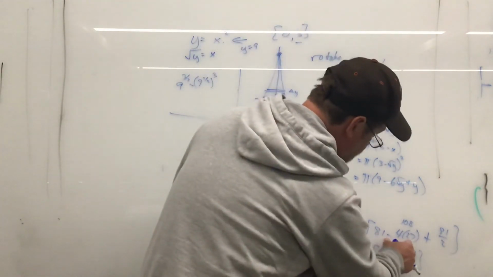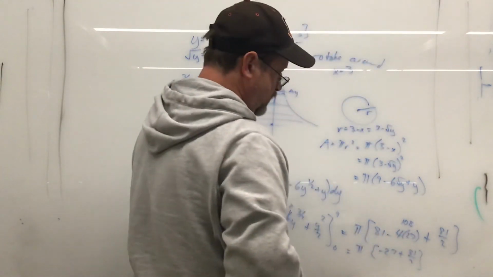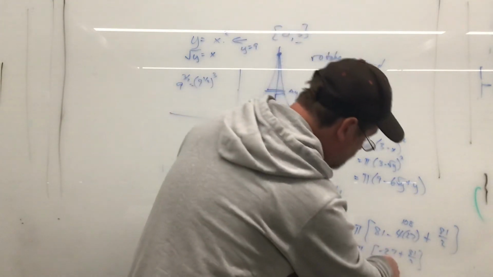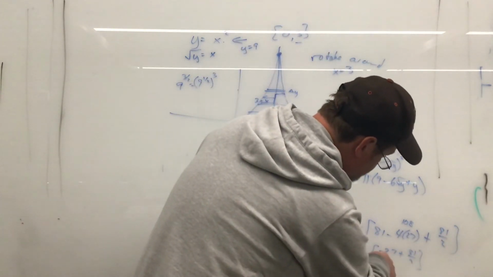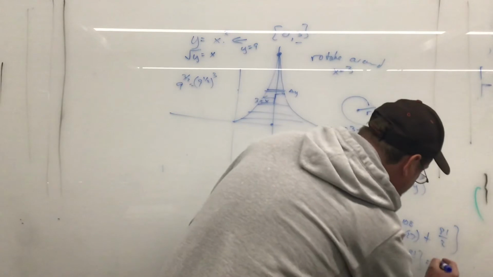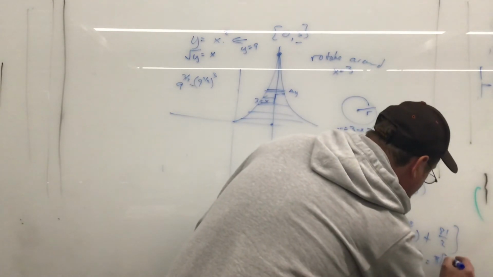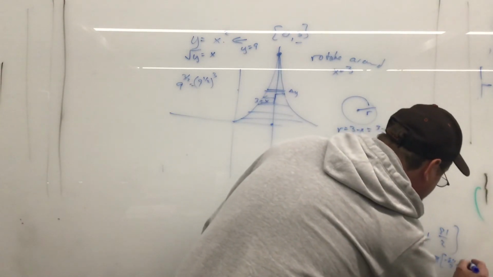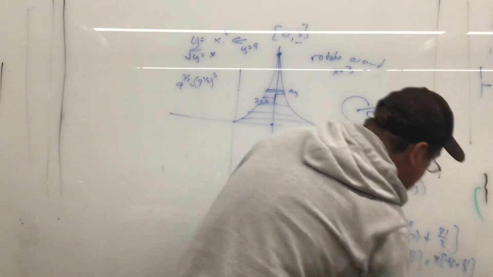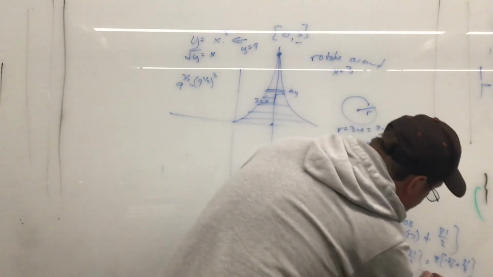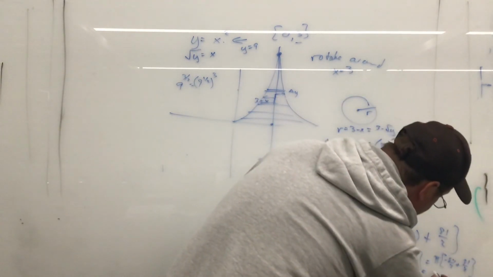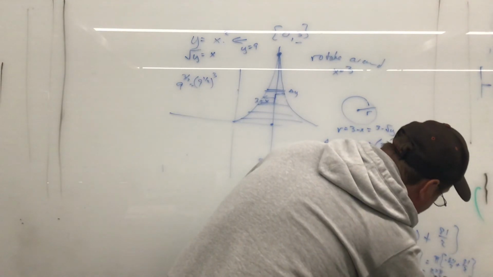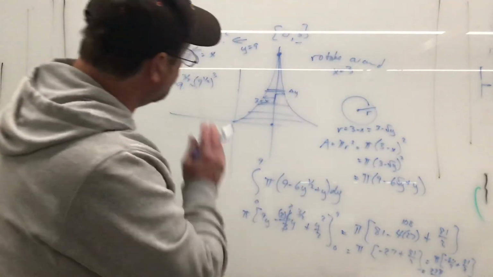So I've added these two, 108 minus 81 is minus 27. And that is minus 54 over 2 plus 81 over 2. And that looks like 27 over 2. 27 pi over 2. And that's my volume in there.